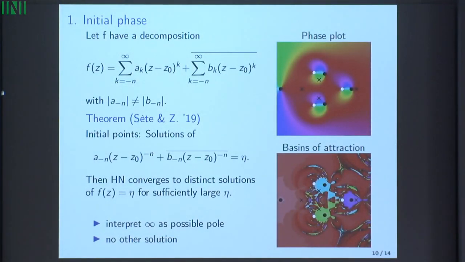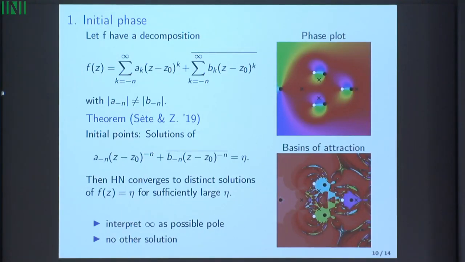So starting with the initial phase. In a punctured neighborhood of a pole, I have a series expansion of f looking like this, a Laurent series with finite principal part. And now we have the following theorem.